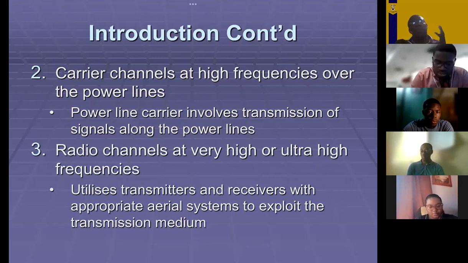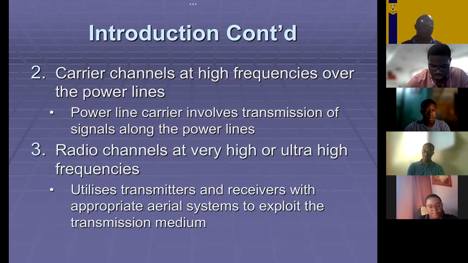So if you're protecting a line between two substations, you have to ensure that the antenna from one substation is looking directly at the other antenna at the receiving substation. So obviously you're going to be limited in the use of radio channels or microwave. You're going to be limited by terrain.